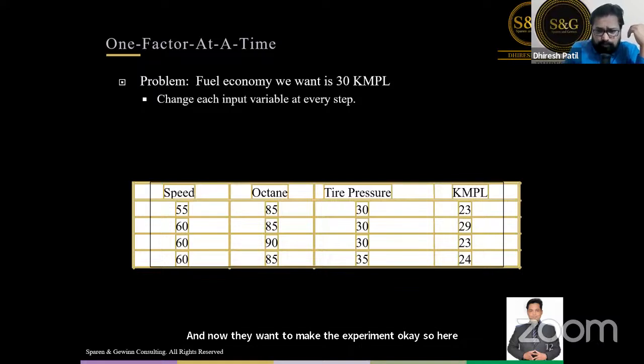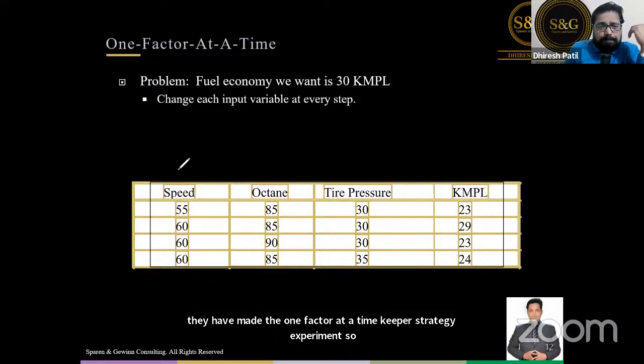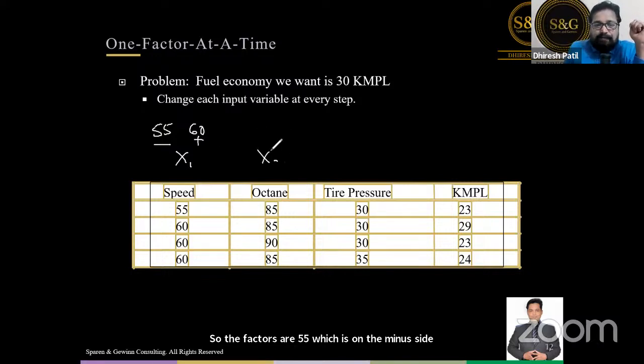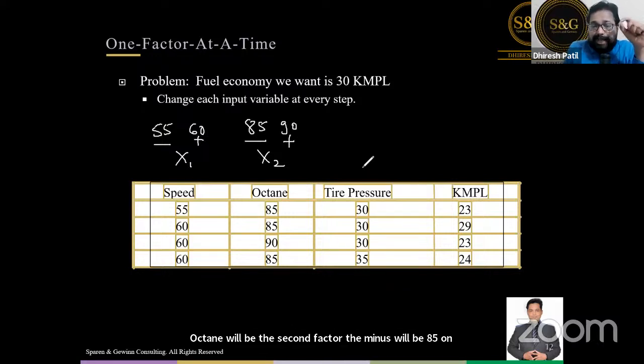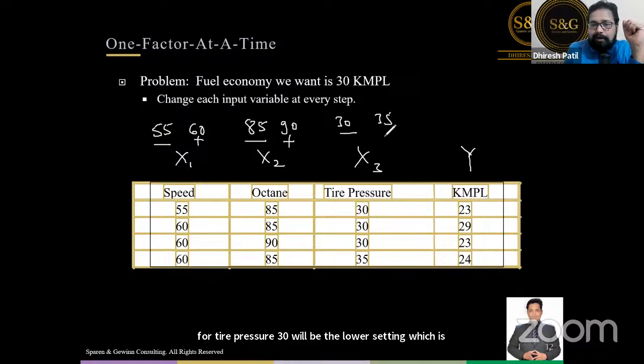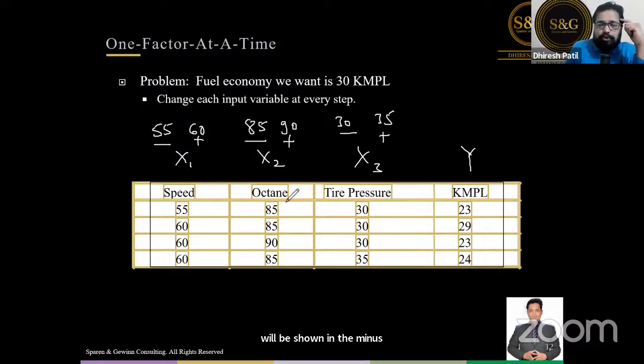X1 is speed: 55 on the minus side and 60 on the plus side. Octane is the second factor: minus is 85 on the lower side, and 90 is on the plus side. Tire pressure is the third factor, and kilometer per liter is our Y, the output. For tire pressure, 30 is the lower setting, shown as minus, and 35 is the higher setting. Okay. Now let's do the experiment.